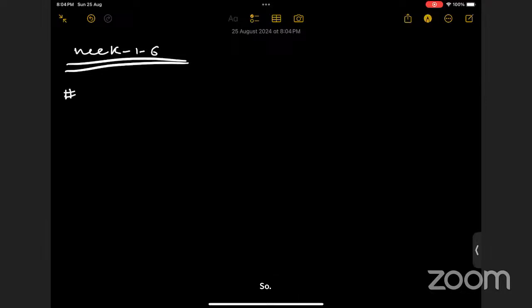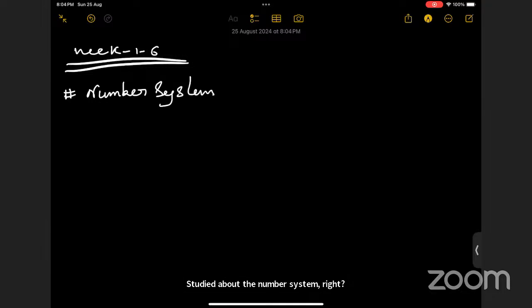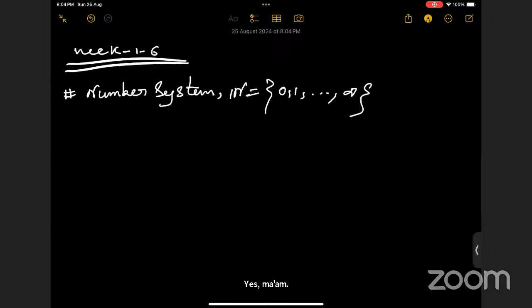What was the content for week 1? In week 1, we studied the number system, right? So here we consider the set of all natural numbers from 0 to infinity.